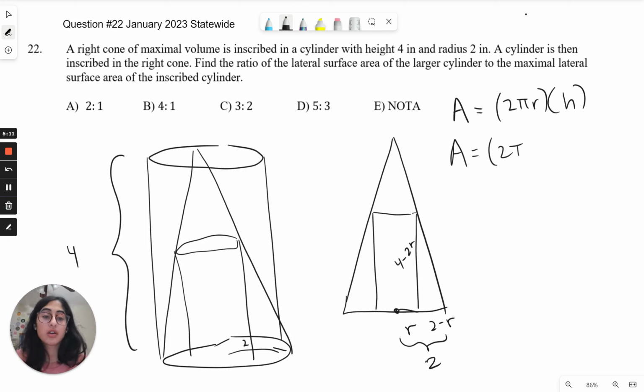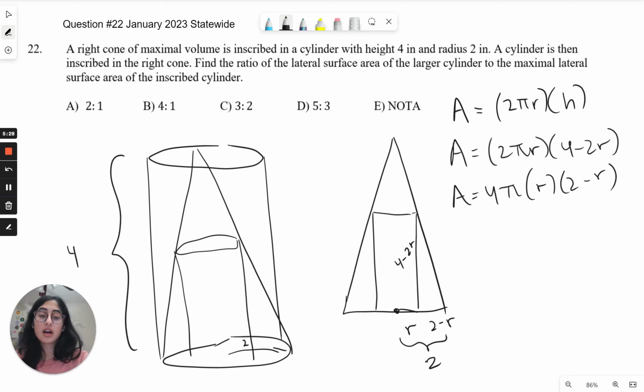So we have 2 pi r times the height, which is 4 minus 2r. I want to factor a 2 out of that second factor so it's easier to differentiate. So the area is 4 pi times r times 2 minus r, which is equal to 4 pi times 2r minus r squared. Now we're going to take the derivative of this whole thing with respect to r, and wherever this equals 0 is where the function is maximized.